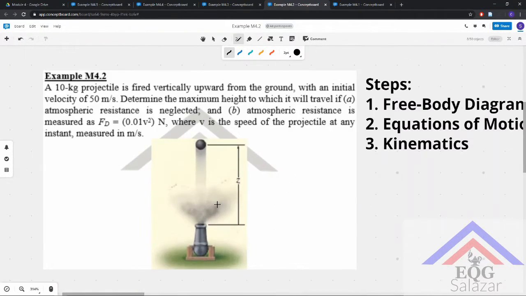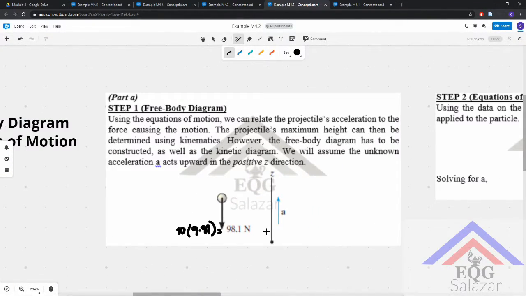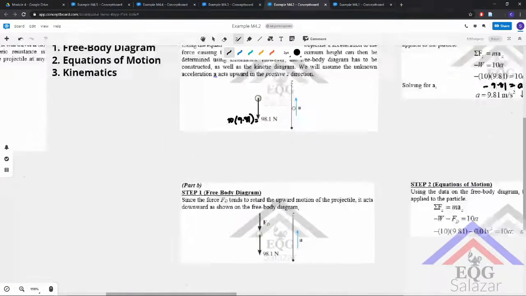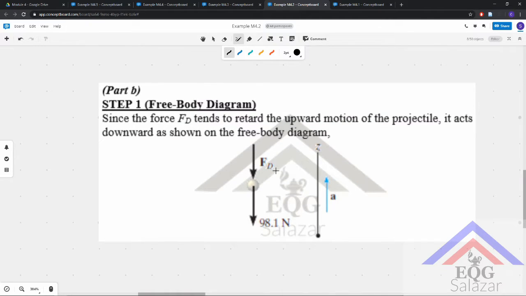Now, what if we move on to part B and factor in the atmospheric resistance? The solution that we took will not differ in a sense that the process is the same, only that we will introduce another force. That's it. Just introduce another force.